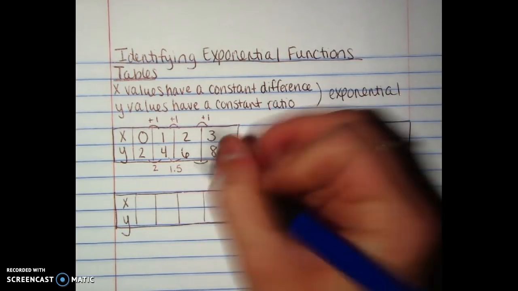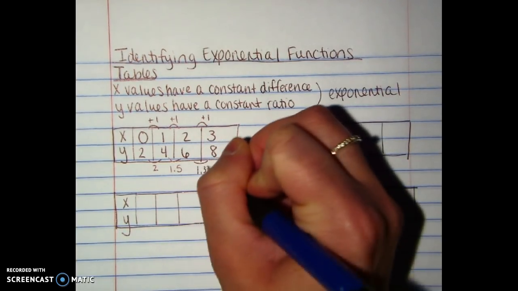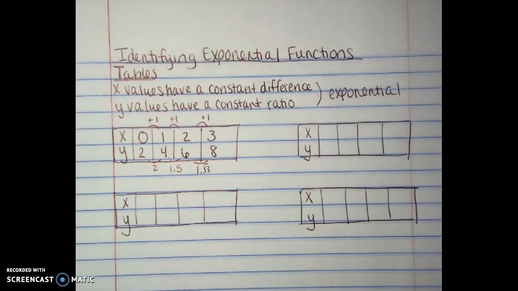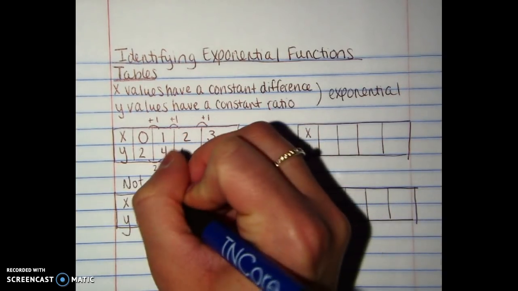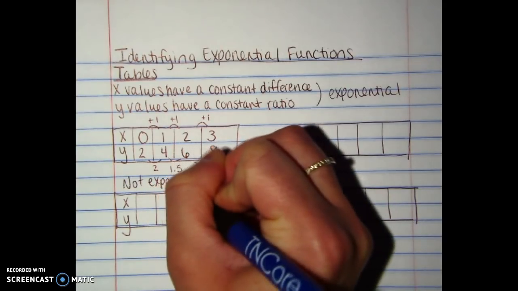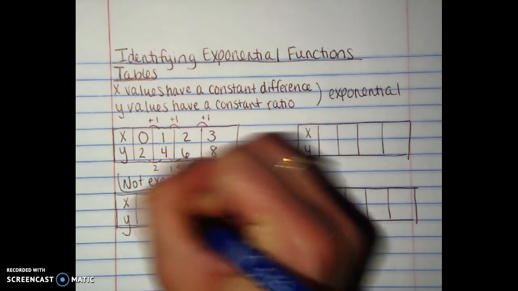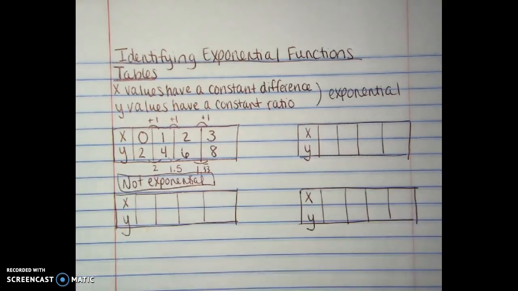And 8 divided by 6 is 1.33 repeating. So that does not have a constant ratio. So therefore this one is not exponential. It's actually linear. If you were to graph it, it'd be a straight line.